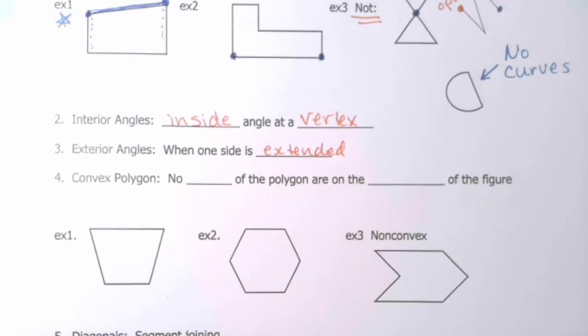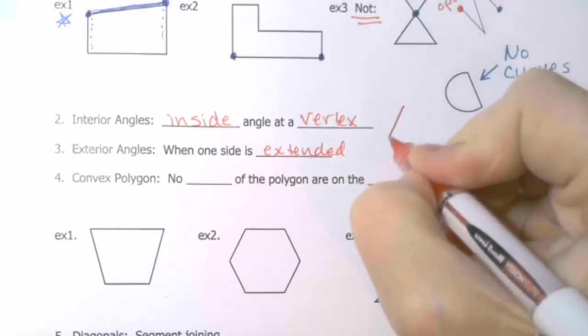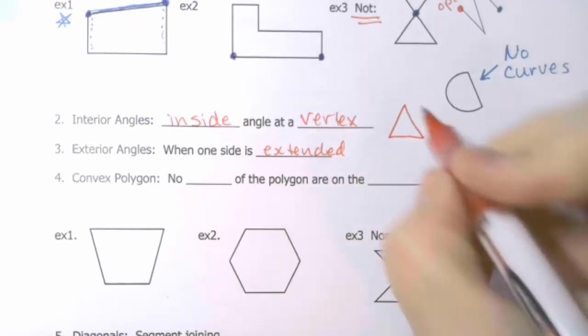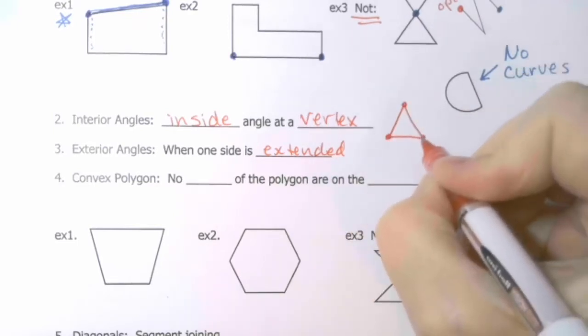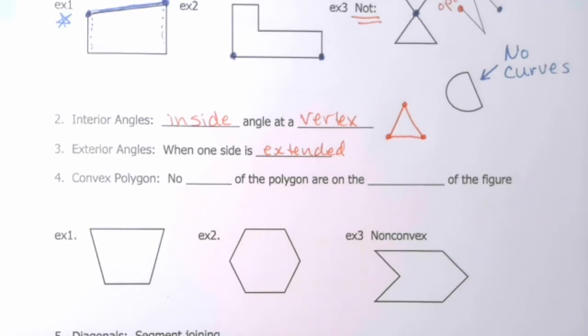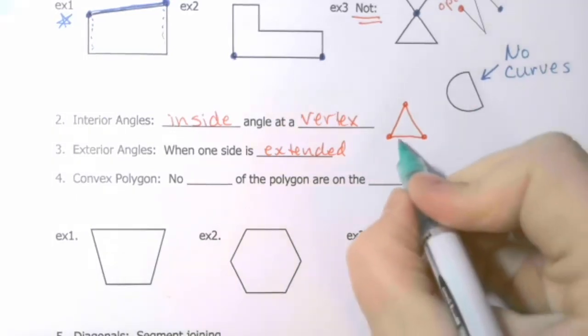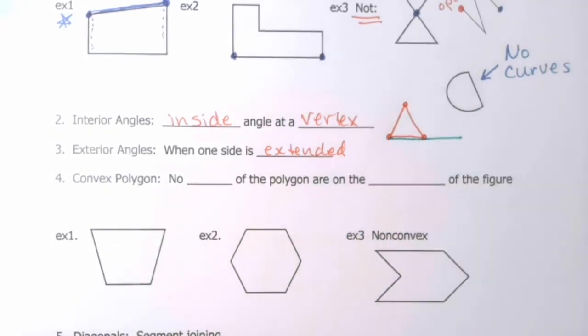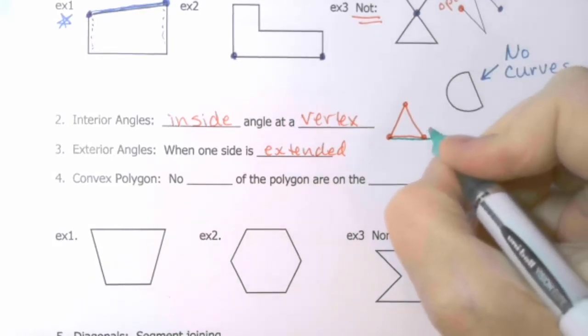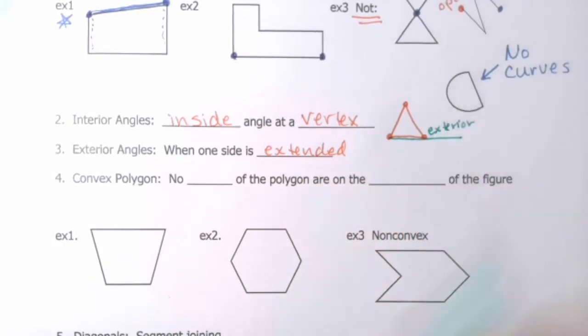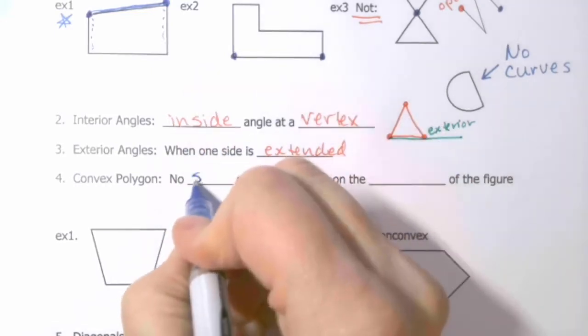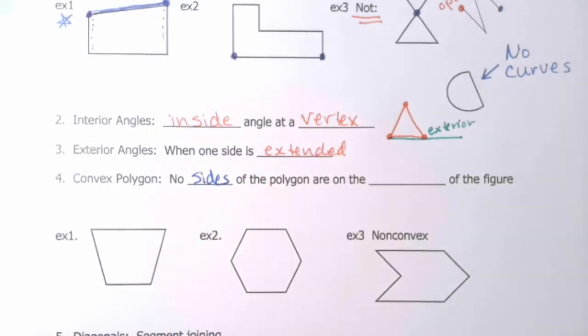So an interior angle of a triangle, if we draw ourselves a triangle, it has 1, 2, 3 interior angles. If I extend this bottom side out, this angle here is the exterior angle, which is created when one side is extended out.